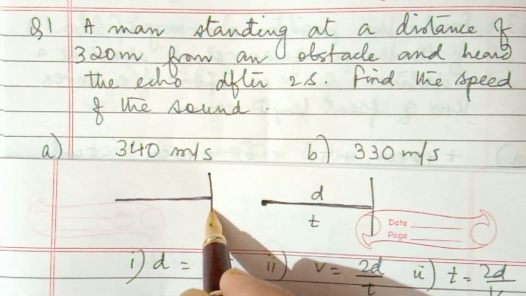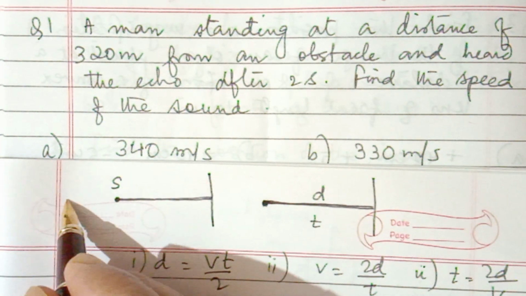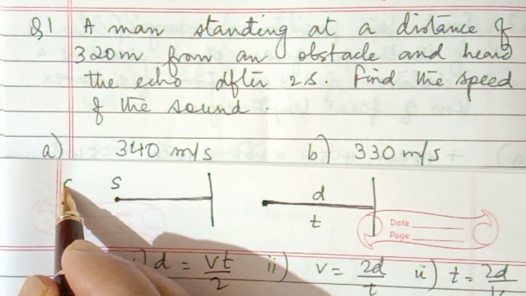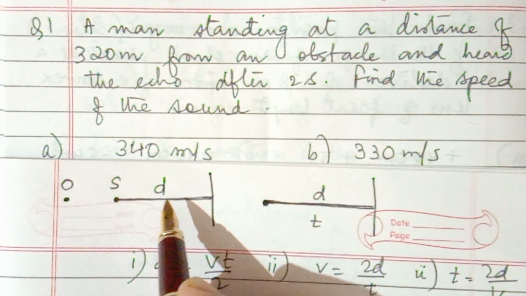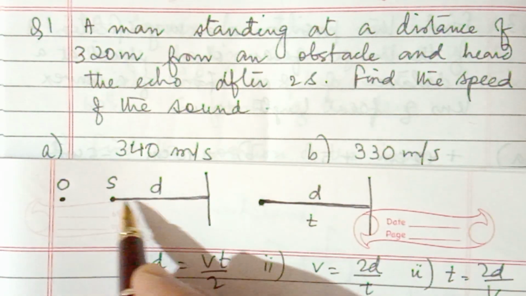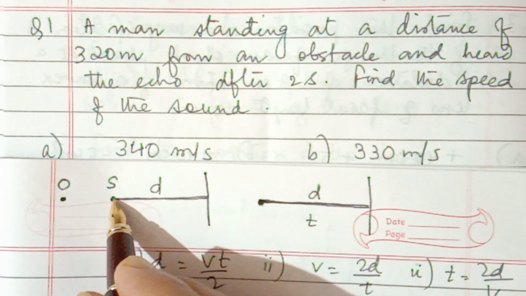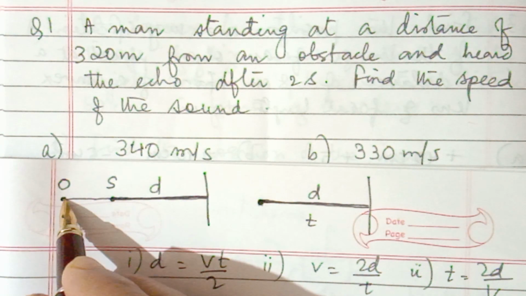Sometimes it happens that the source is here and the observer is somewhere else. Then you cannot take this formula. Actually, what is the distance traveled? If this is the distance from the source, then d plus d, 2d, plus this distance.